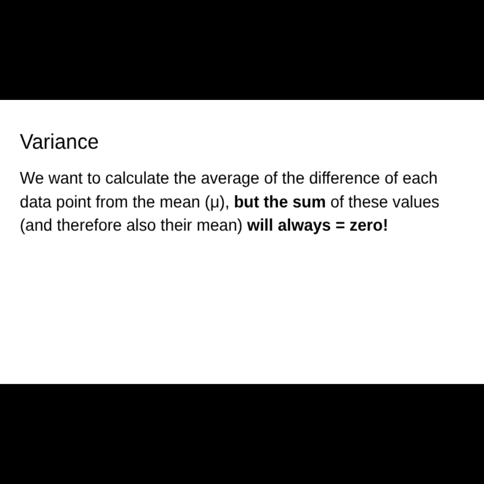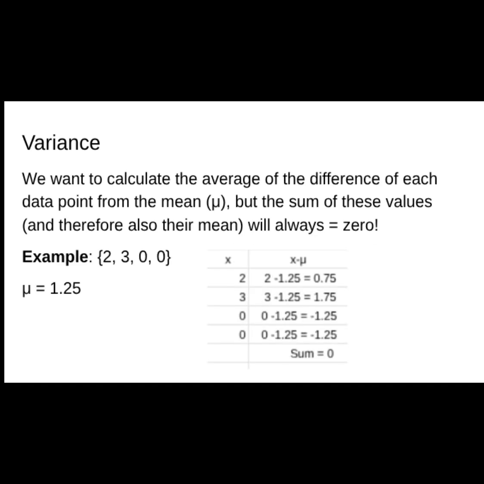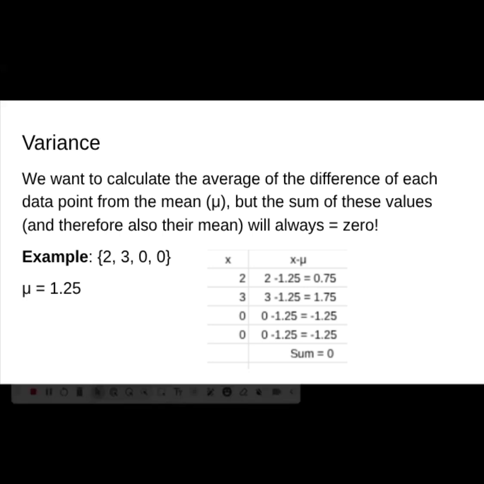Why is that? Because the mean is a balancing point of the data. When you subtract the mean from each data point, the positive and negative deviations cancel each other out exactly. Let's see if it works in the data set we're using above, 2, 3, 0, 0. We found that the mean was 1.25. So to calculate each deviation from the mean, we have to subtract 1.25 from each data point.